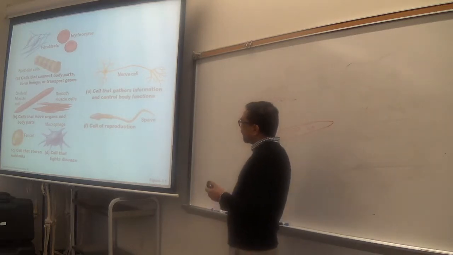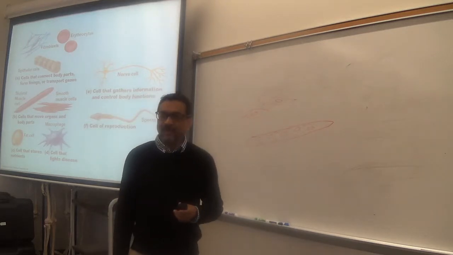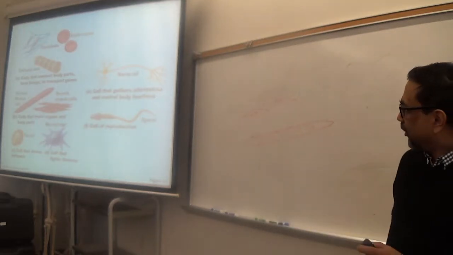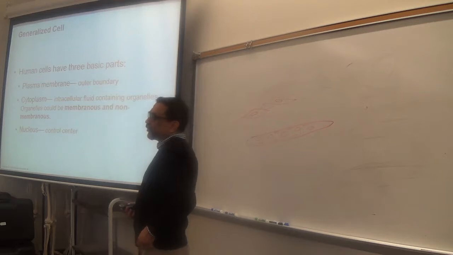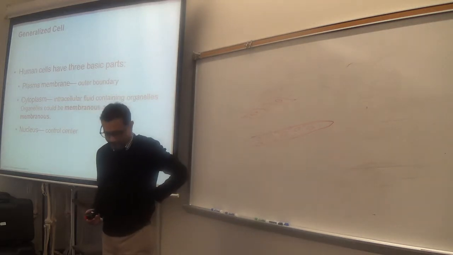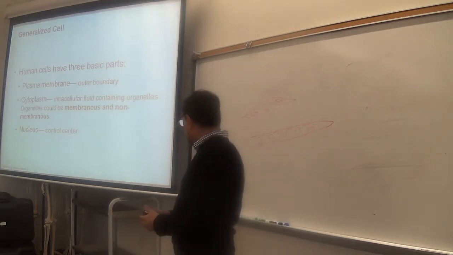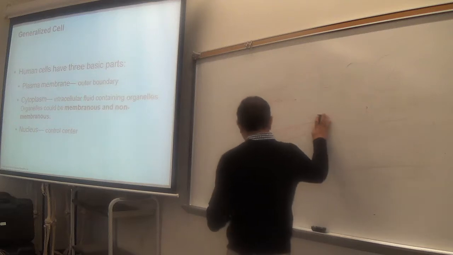So you see how different cells in your body are different, right? In shape, size, function, different ways. Okay, now the parts of a typical cell. If you see a typical cell, that means most of the cells are like this.